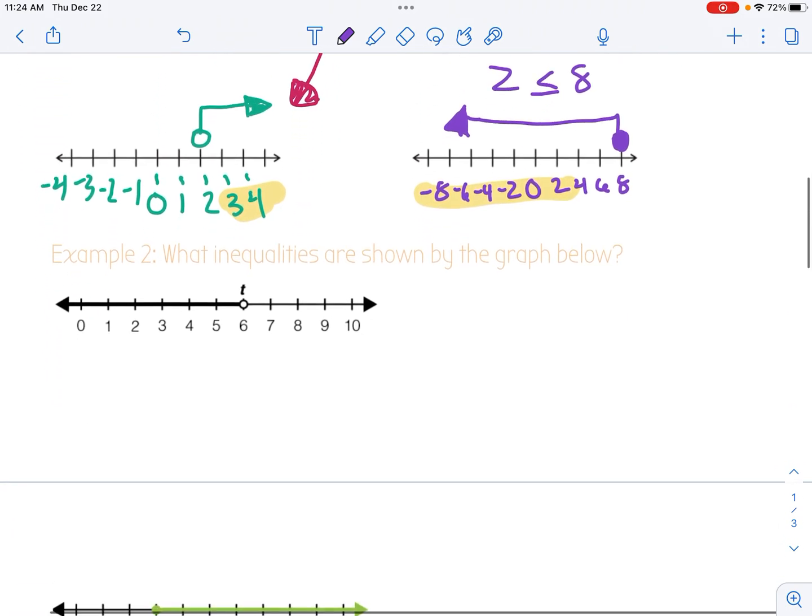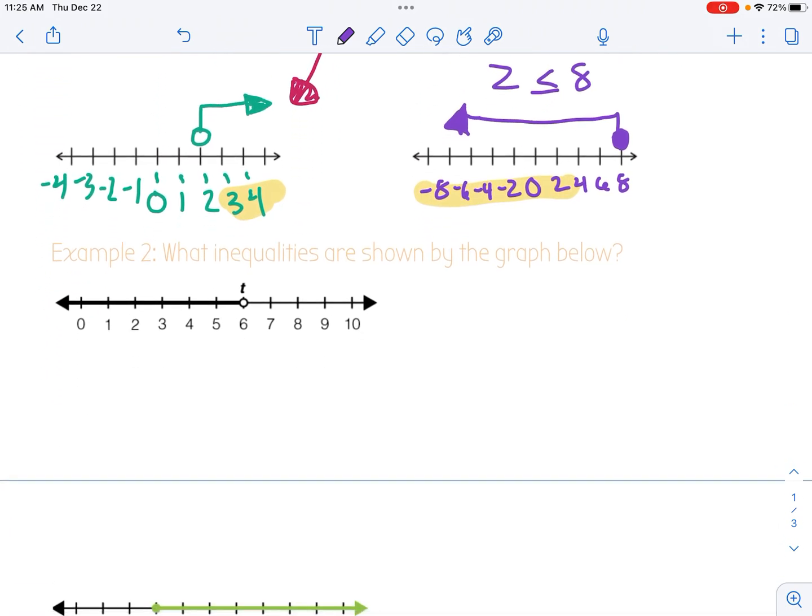All right, example 2. What inequalities are shown by the graphs below? Now we're going to write out the inequalities. My variable is t, so I'm going to write t. The number the circle is on is 6, so I'm going to put 6. It's an open circle, so it's not going to have an "or equal to," and all of my solutions are less than 6.